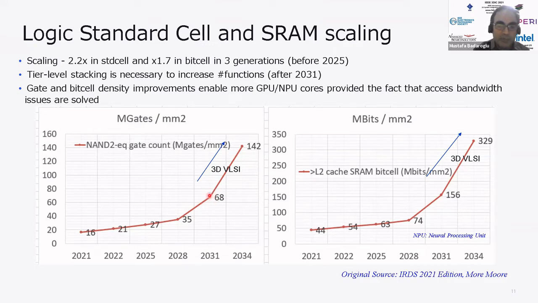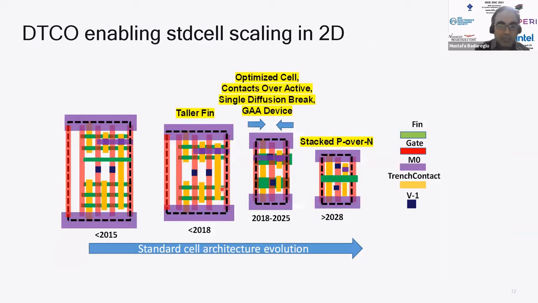So this point refers to 2-tier stacking, and this point refers to 4-tier stacking, where the equivalent CPU computational density and the memory density will be improved by the roadmap generation. So that's for the density scaling of computation and memory.